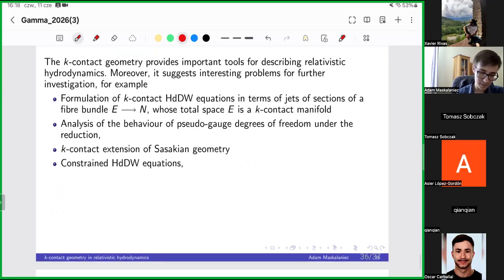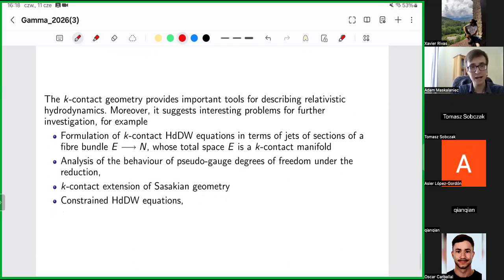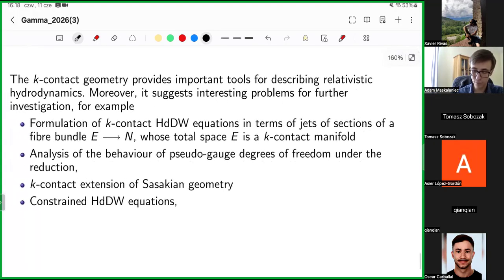And the next part of my idea to develop this theory is to introduce the k-contact extension of Sasakian geometry, because Sasakian geometry also plays a very important role in contact thermodynamics, since it allows us to describe these equilibrium points and also dissipation in our physical systems.